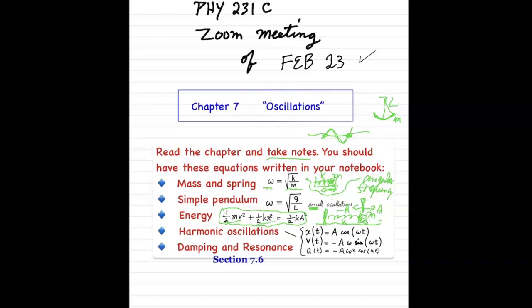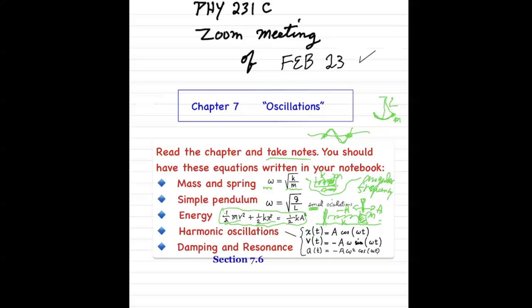The simplest kind of oscillations are harmonic oscillations. And the equations for harmonic oscillations are written down in one of the sections. That's where the displacement x, the oscillating quantity, is sinusoidal. So it could be some amplitude A, cosine omega t, could be sine omega t, could be cosine omega t plus some phase. A simple case would be A cosine omega t.